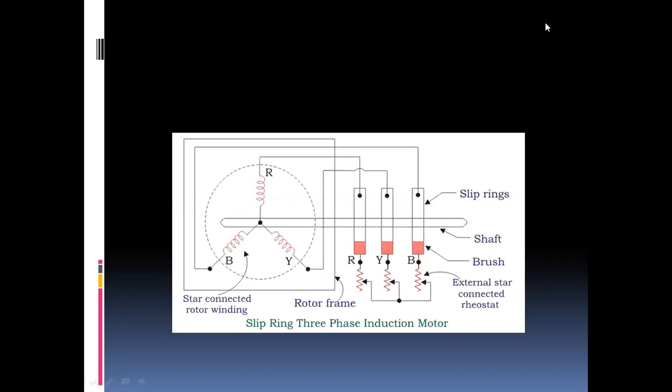This is basically the diagram of the slip ring three-phase induction motor rotor. As you can see, they are short-circuited internally. The other three-phase winding terminals are brought out and connected to three insulated slip rings mounted on the shaft, as can be seen in the diagram.